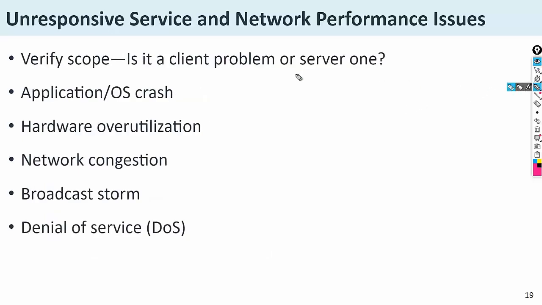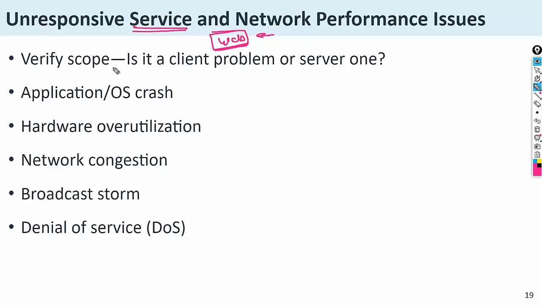What if any service is unresponsive, like you are trying to access the web server, but you are getting an error again and again? So there is a possibility that the server is not reachable.